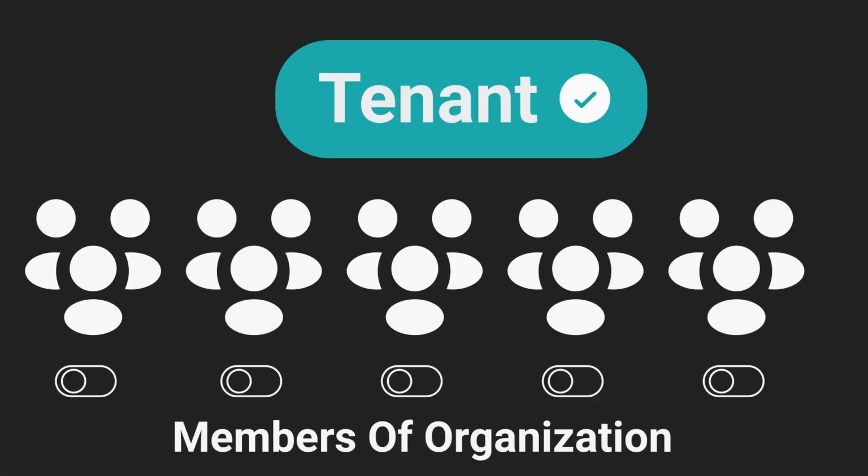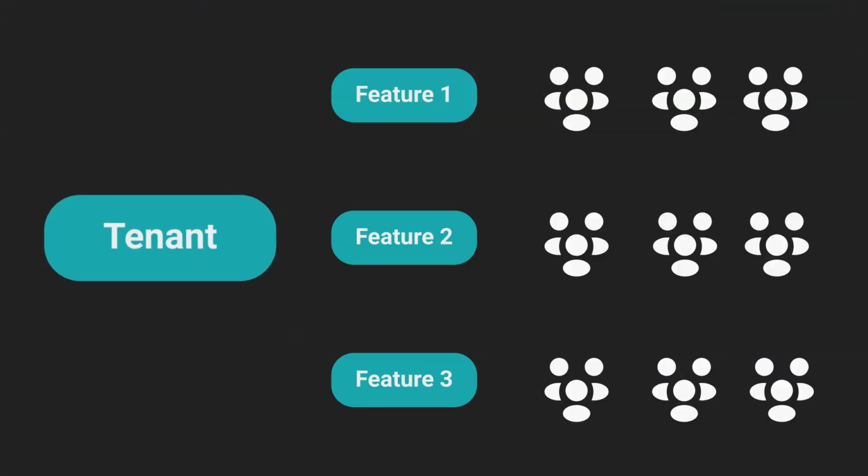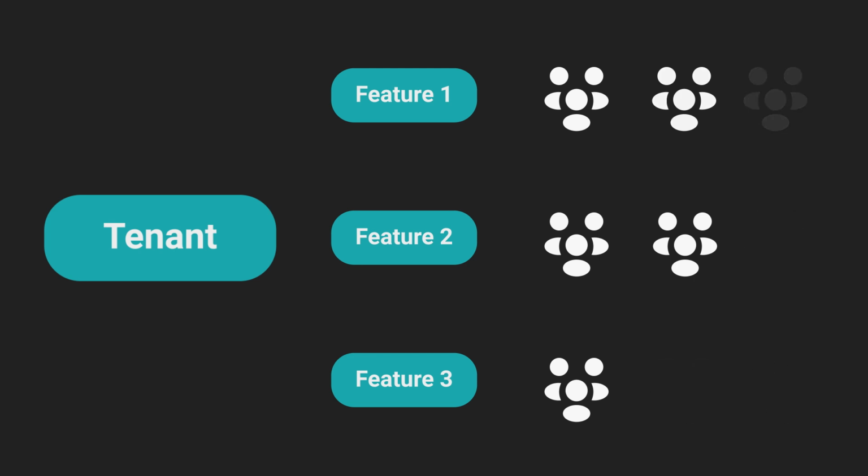Let's say I am part of an organization which is a tenant, and if the tenant has a permission, then I can say okay, show it to all of the people of that particular organization. Treat it like you have a SaaS and n number of features, and you don't want to enable every feature for all the tenants or all your clients. On the basis of the pricing tier they are on, or whatever they need, you can show or hide features, and those can be controlled by permissions at the tenant level.